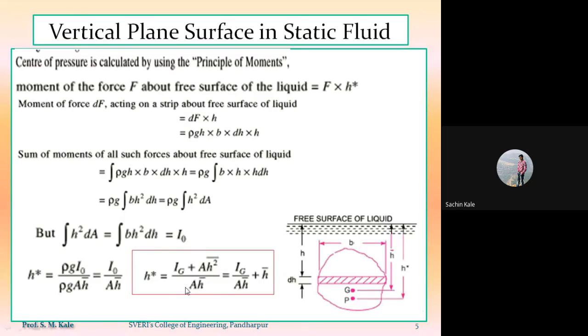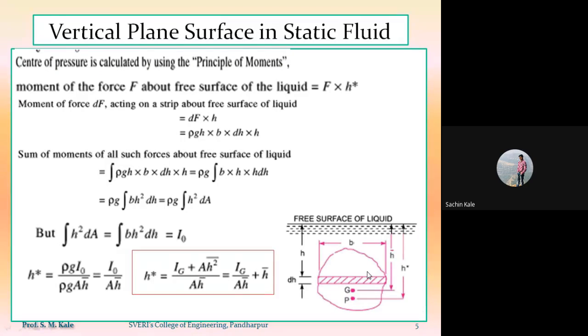From this formula, we can clearly state that as h star is equal to h bar plus something, the position of center of pressure, h star, is always greater than the value of h bar. That means point P will always be below point G, because point G indicates h bar and point P indicates h star.